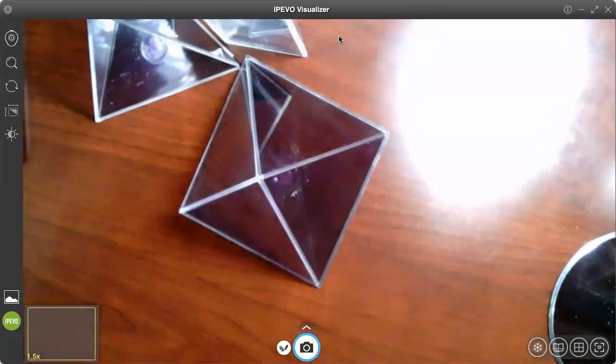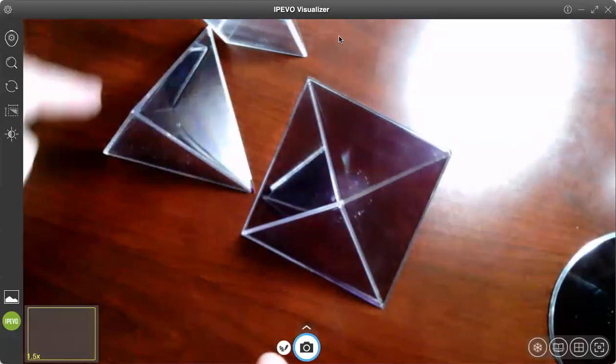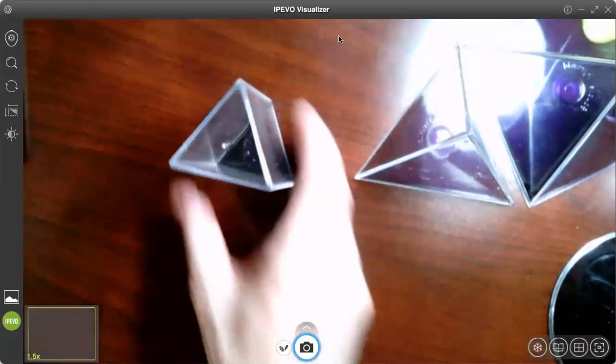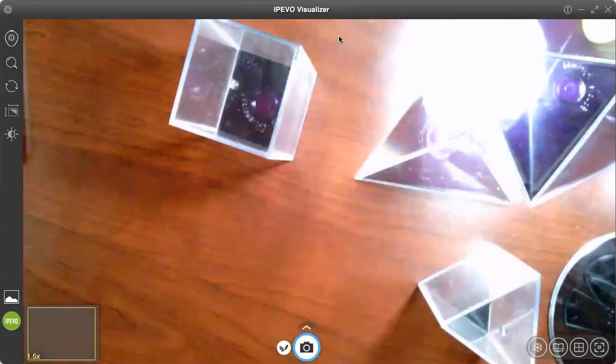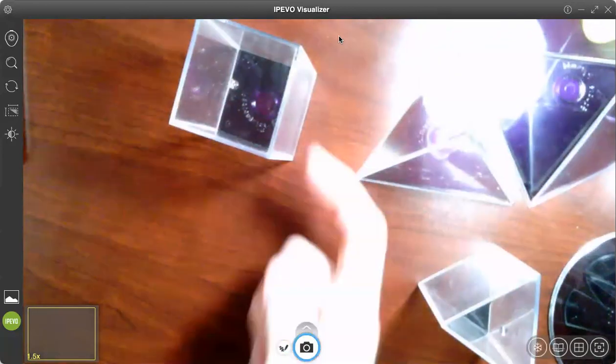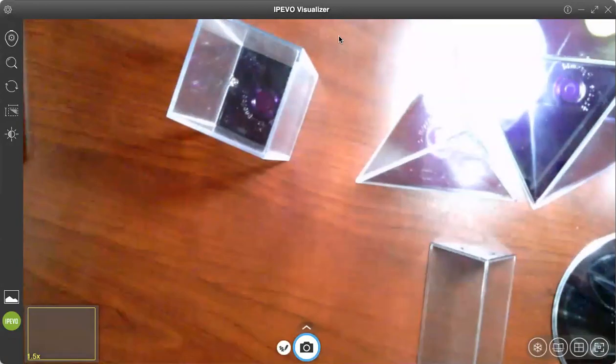So 5 total faces, 4 triangles plus a rectangle. This one has 4 faces. All of them are triangles. This one has 5 faces, 2 triangles and 3 rectangles. And a rectangular prism has 6 faces. 4 around the sides, a top and a bottom, 6 total faces.